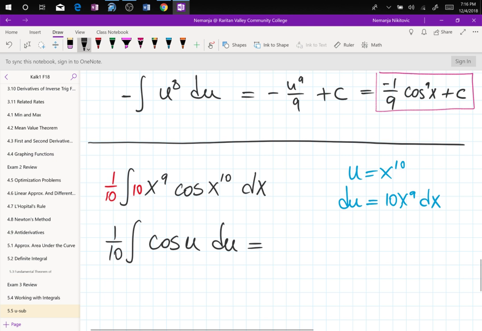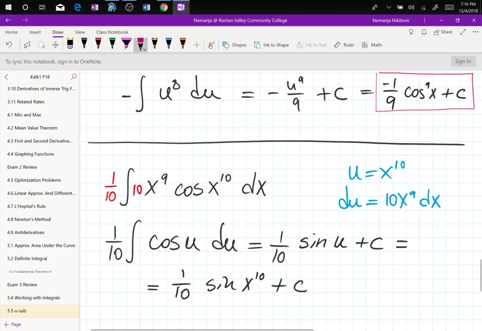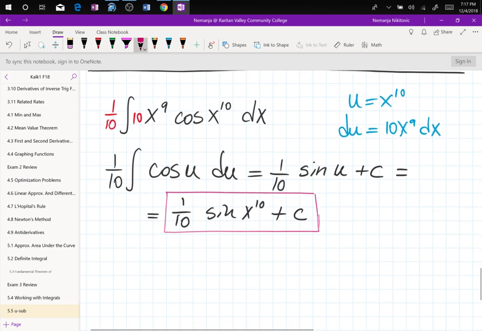It's sine, good. So it's positive. Good.